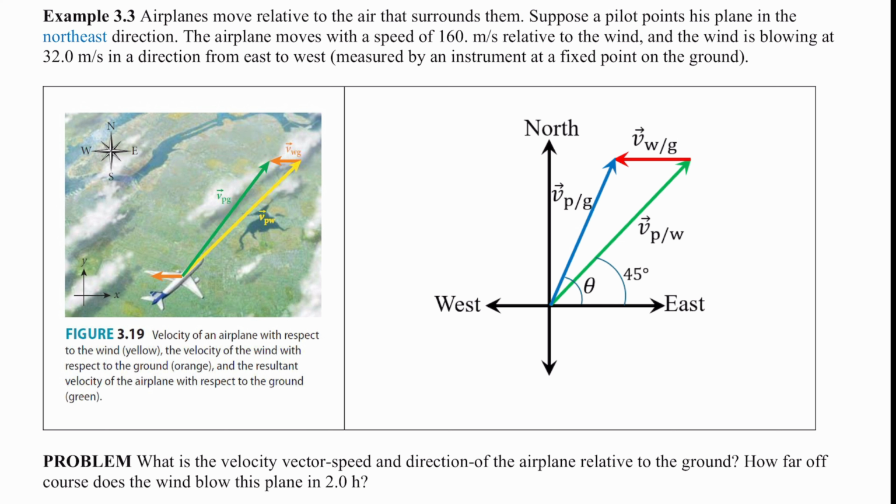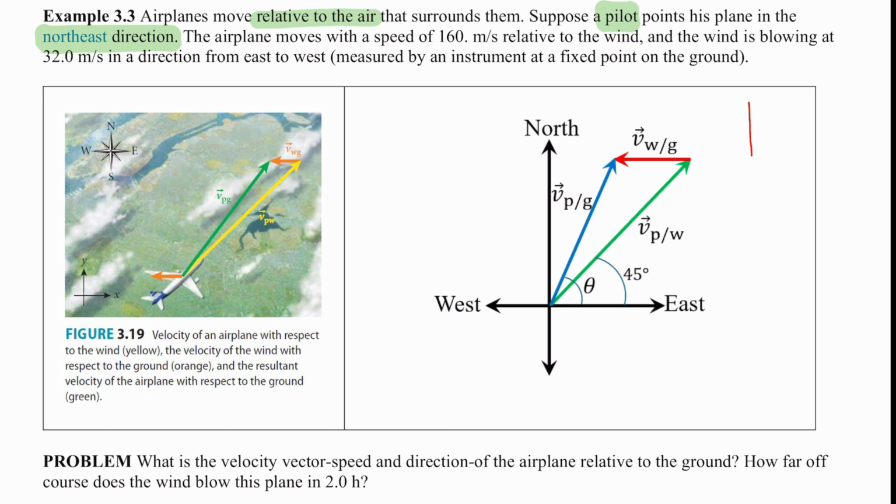Okay, an airplane moves relative to the air that surrounds it. Suppose the pilot points his plane in the northeast direction. What is the learning point here? The diagram. If you understand the diagram, then it will be easy for you to understand things.